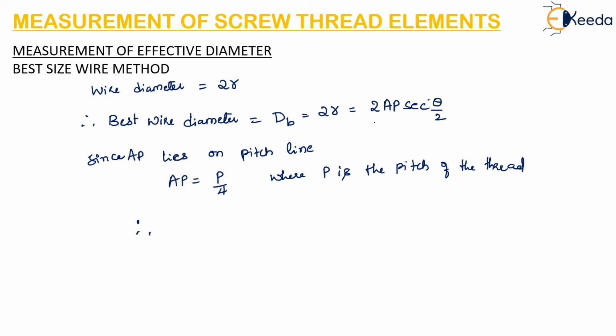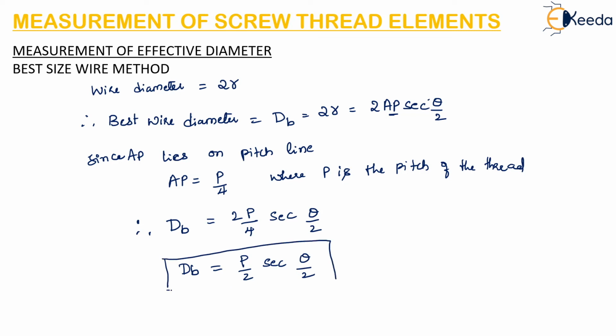So the diameter of the best size wire is 2 into P by 4 sec of theta by 2. So we can write dB, that is the best size wire diameter, as P by 2 sec of theta by 2. So this is the value for the diameter of the best size wire.